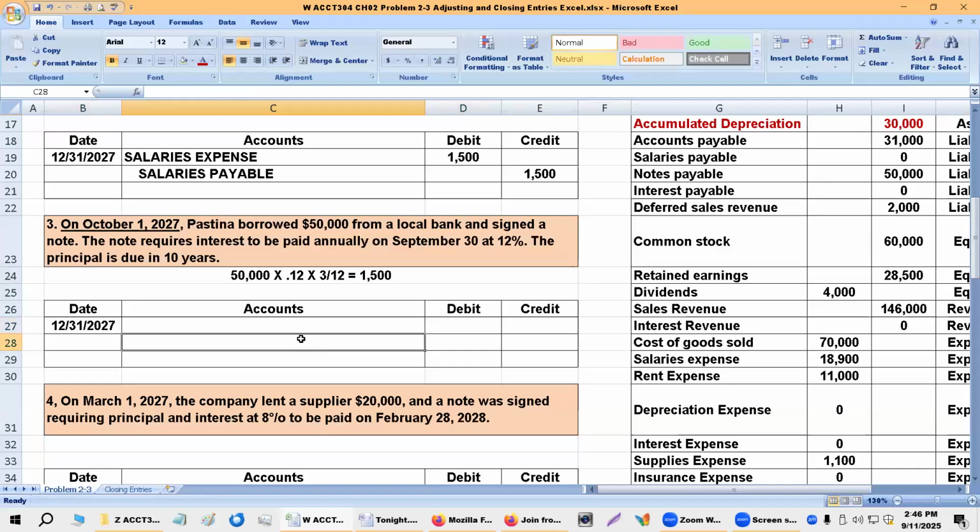What account is that going to be? Well, whenever you owe somebody, what kind of an account is it? Is it accounts payable? Yep, accounts payable. We're probably going to use, here, interest payable.